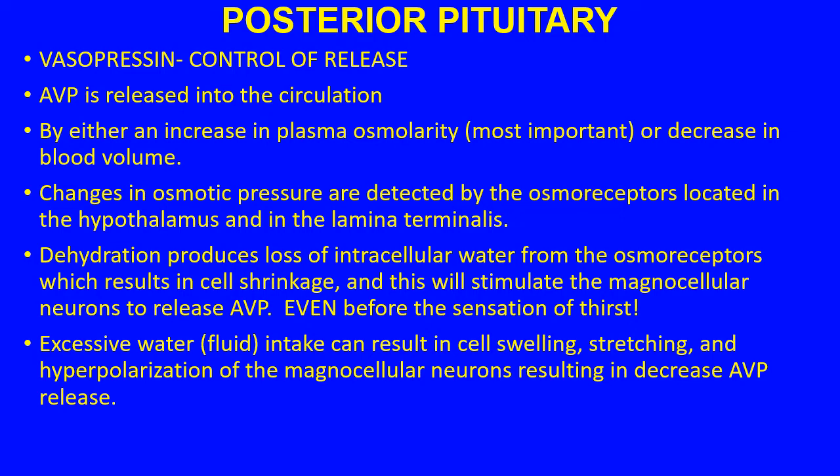This is going to stimulate the magnocellular neurons to release AVP. And now this, mind you, is what is so cool. Even before we sense thirst, even before we have that sensation of thirst, this is already taking off and occurring.